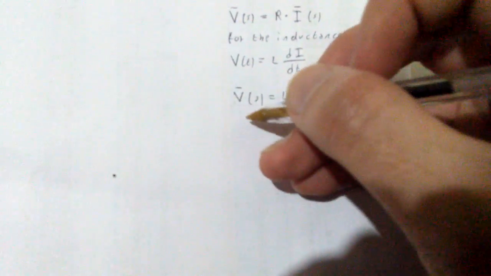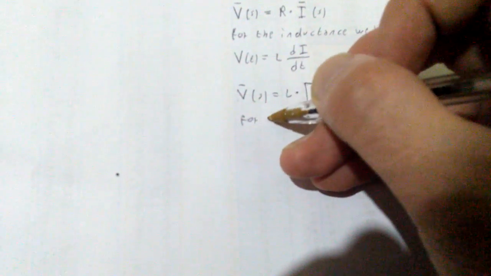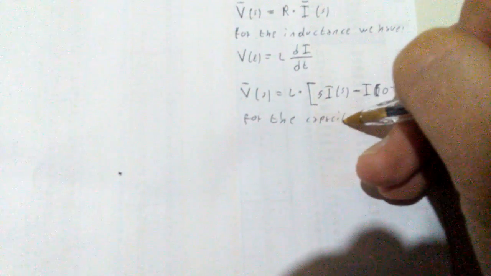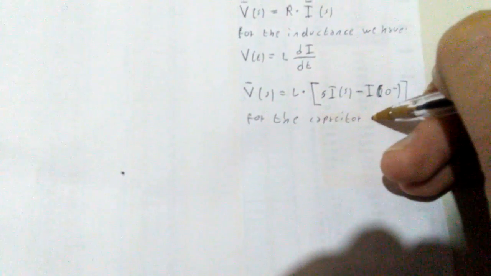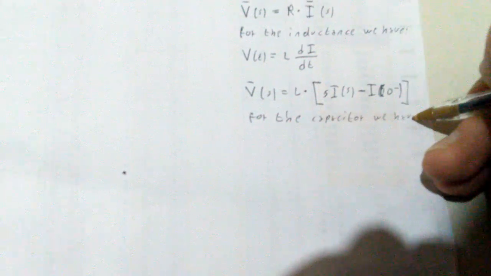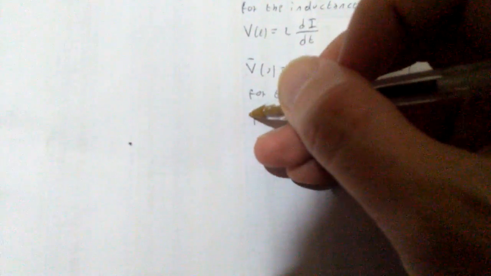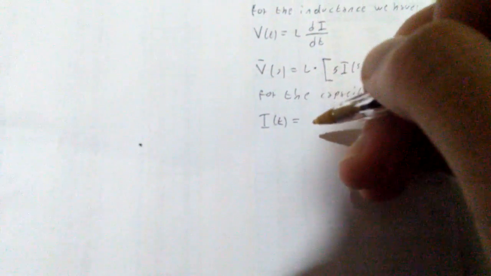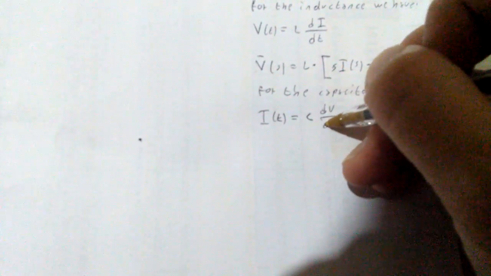For the capacitor, we have i(t) equal to C dv/dt.